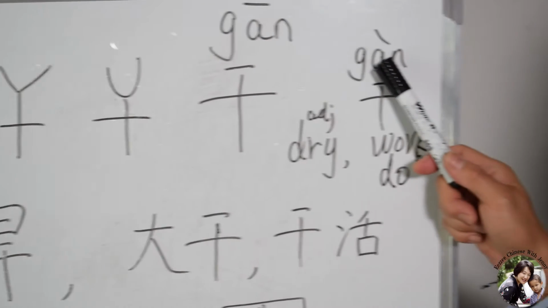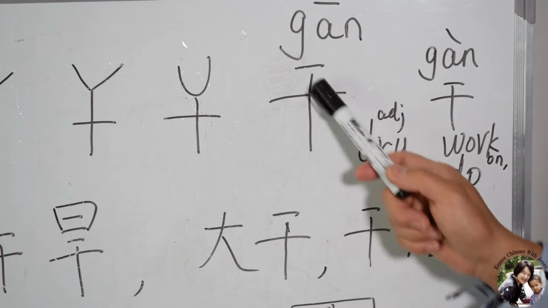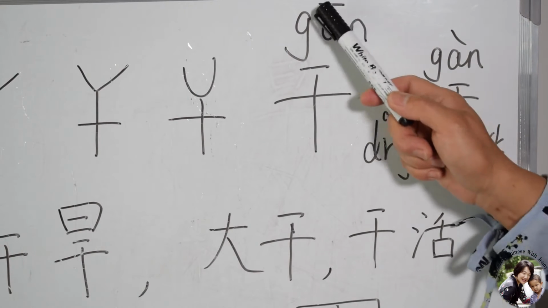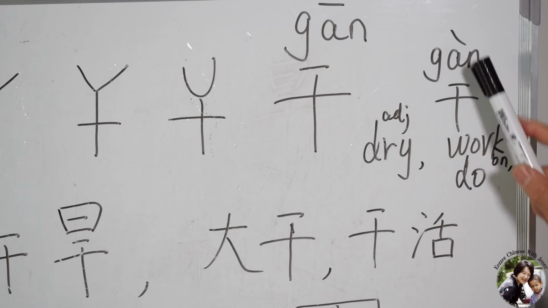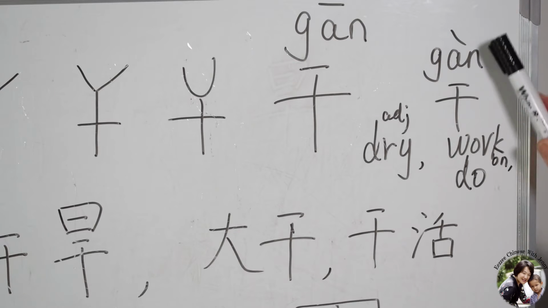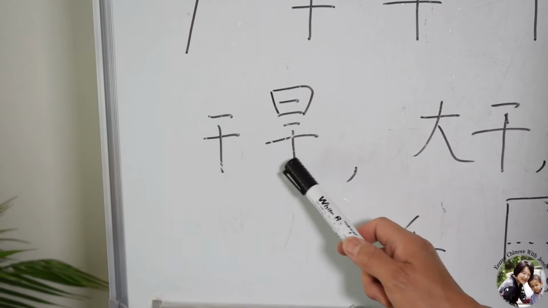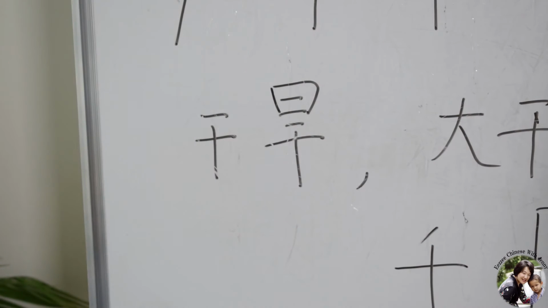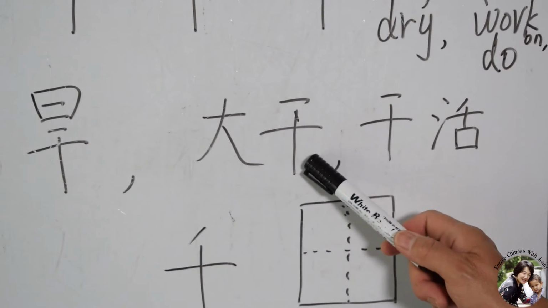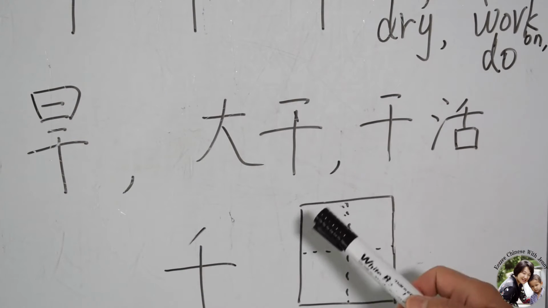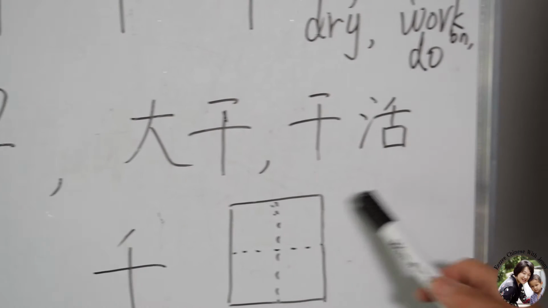It is pronounced gan, the fourth tone. So when it is an adjective, ganhan means drought. When it is a verb, the phrase can be dagan. Da means big, remember? Dagan, work a lot. Gan huo, doing some works.